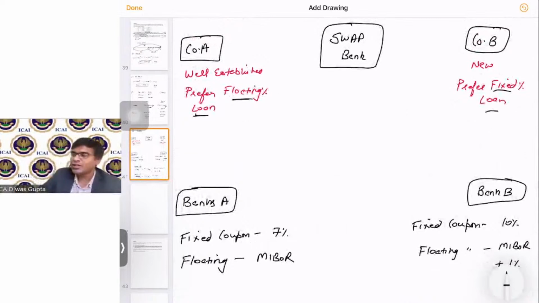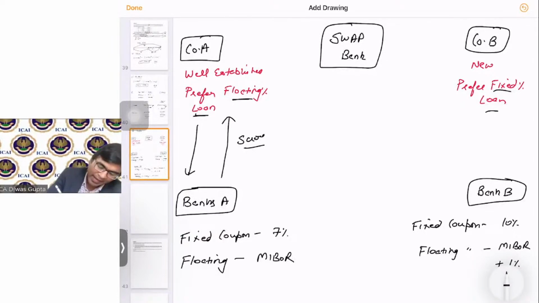So basis the instructions from the swap bank, company A, let's say, borrows 5 crore, and both of them are in need of the same amount. For the ease of understanding, I'm saying company A needs 5 crore, company B also needs 5 crore. So company A takes a loan of 5 crore and agrees to pay bank A 7% as a fixed rate of interest.